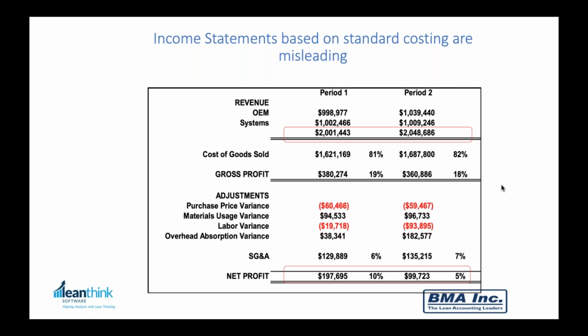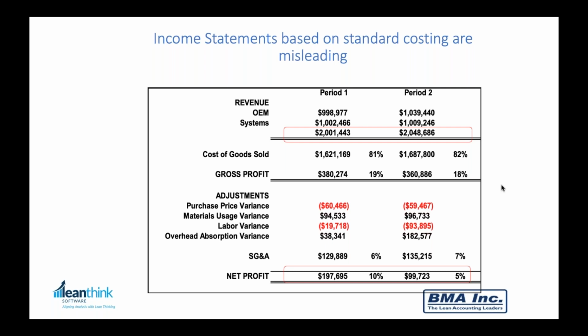Well, here are the problems with this. First, if you look at the gross profit line, you see gross profit in period 2 is less than period 1, which people usually say, oh, well, that's a mix problem based on the products that were shipped.